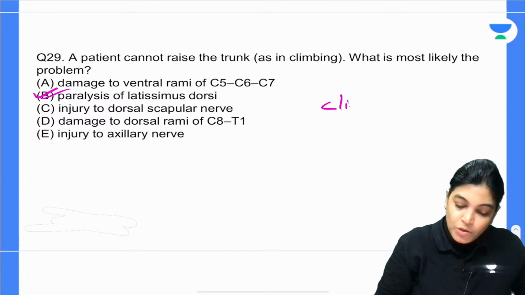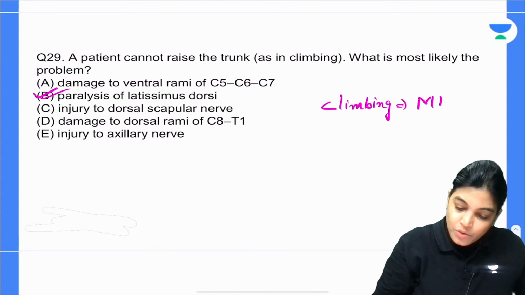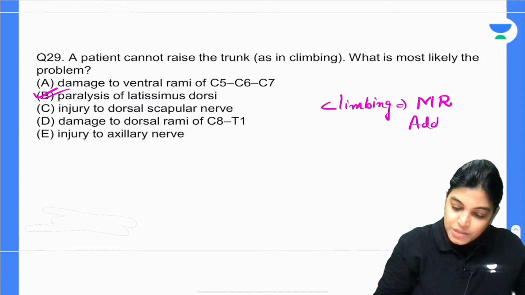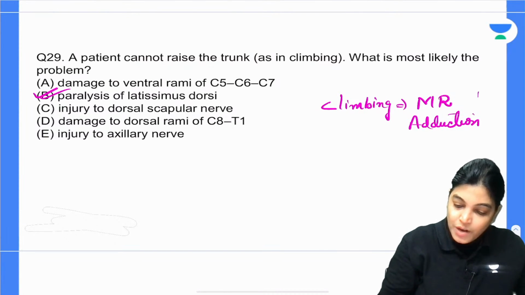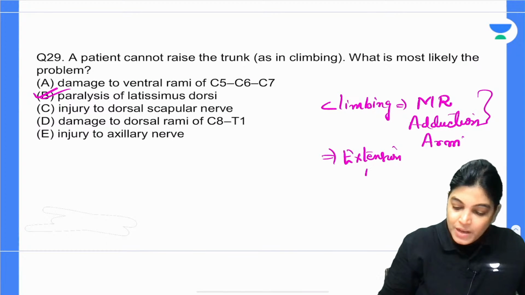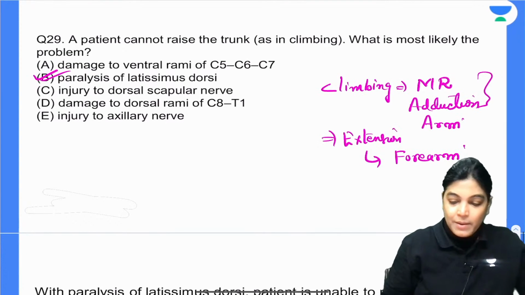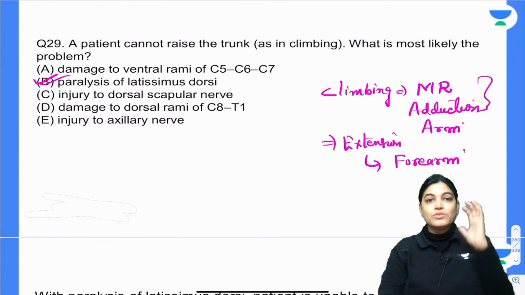When I am talking about climbing movement, it involves medial rotation and adduction of the arm, and extension of the forearm. This is exactly the movement seen in climbing.